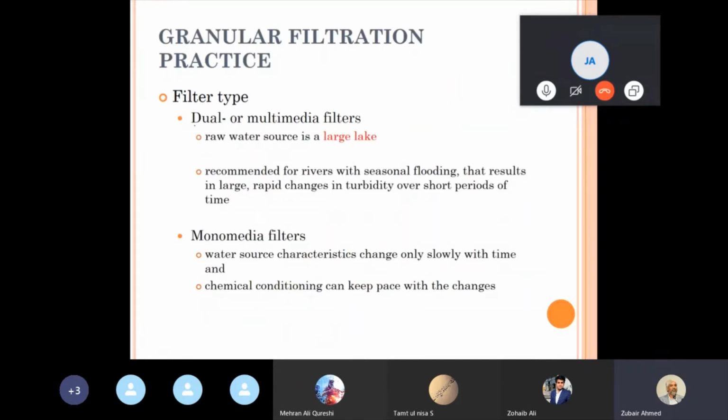We use dual media or multimedia filter if raw water is from a large lake, because the concentration of suspended particles or colloidal particles varies too much based on season, whether it's flooding or not, rain or not. So turbidity will change during a very short period of time.